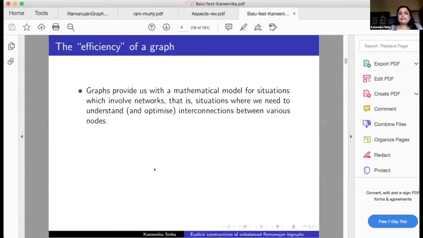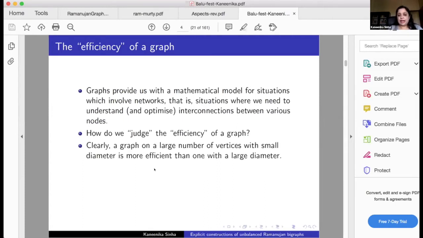Now, how does one judge the efficiency of a graph? Typically, graphs provide us with a mathematical model for situations where you have networks, so situations where you have different nodes and connections between subsets of these nodes. And how do we judge the efficiency of a graph?